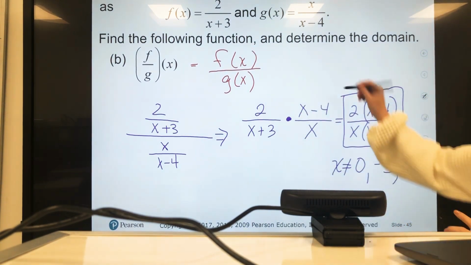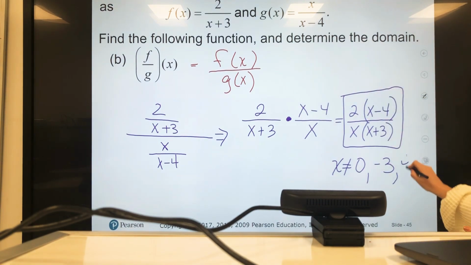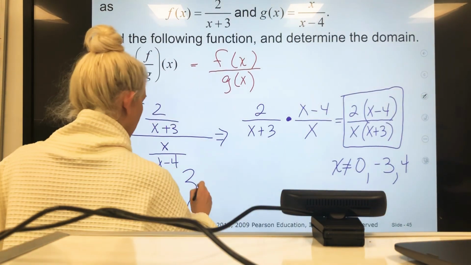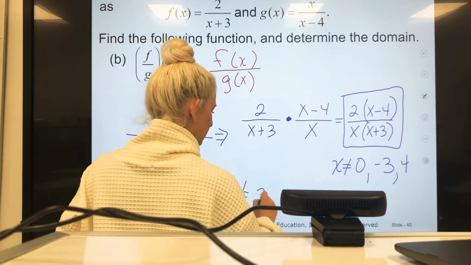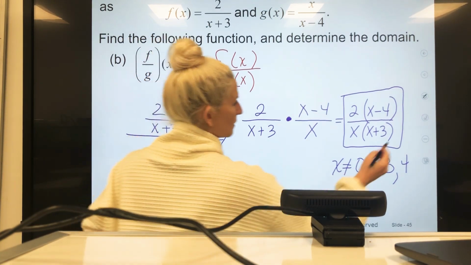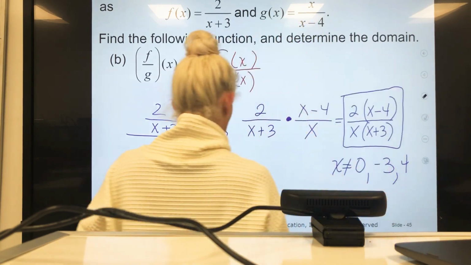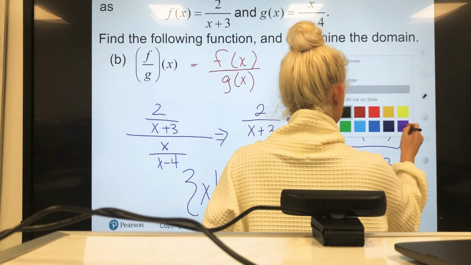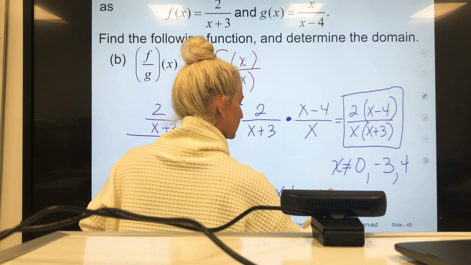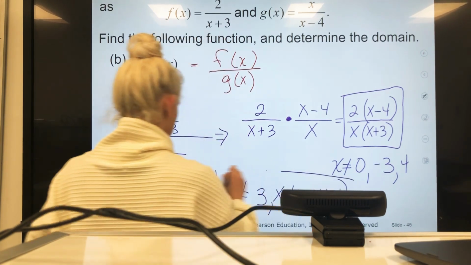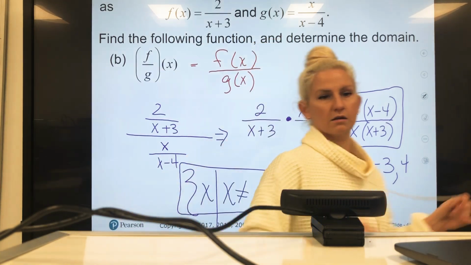So in this case, x cannot be 4 also. So you would write x such that x cannot equal -3. I don't know why I have that comma there. x cannot equal -3. x cannot equal 0. x cannot equal 4. So that is my domain.